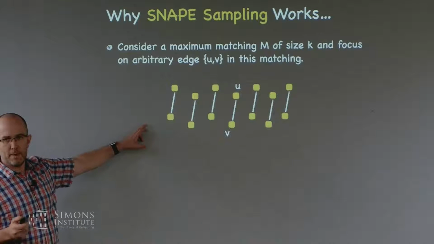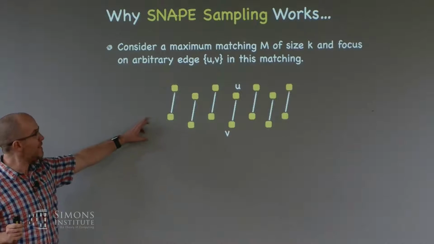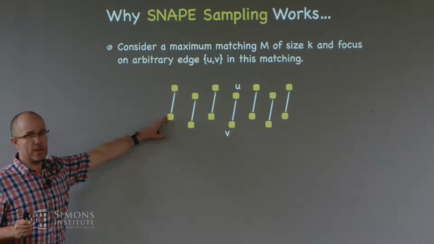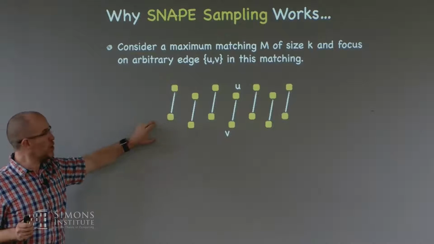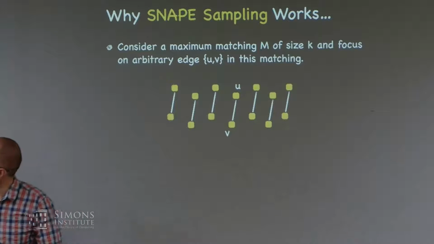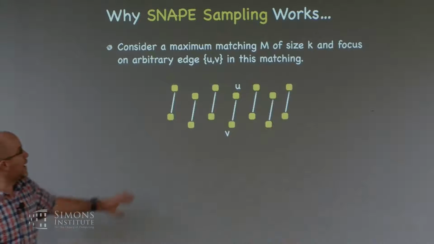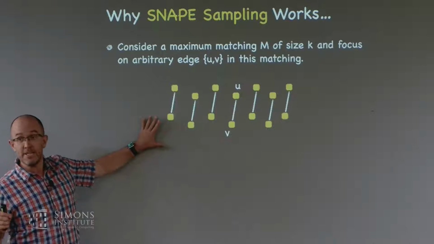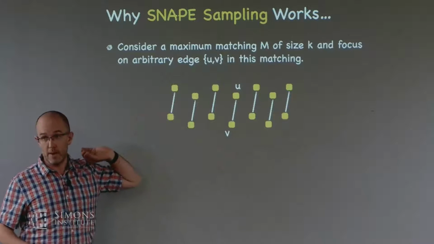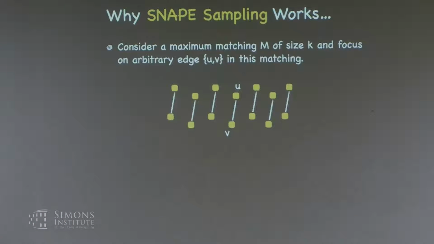Because it's a maximum matching, every edge is going to be incident to one of these yellow nodes. There could be other nodes around here, and maybe you can actually see them on the screen. But every edge in the graph is going to be incident to one of these yellow endpoints. So let's zoom in on the edge UV.